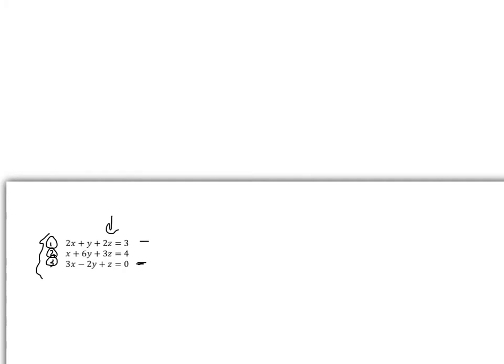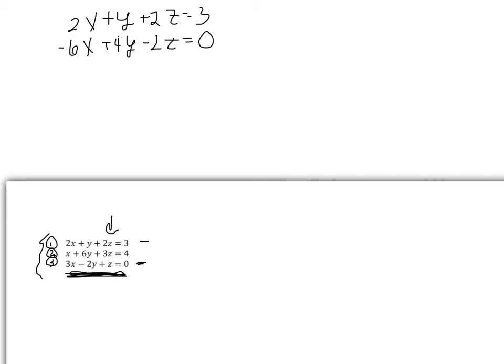So I'm going to write the first equation down. We have our 2x plus y plus 2z equals 3. So in order to eliminate the z's, I'm going to have to multiply this third equation here by negative 2. So multiplying in here by negative 2, we get negative 6x, a positive 4y, a negative 2z, and then negative 2 times 0 is 0.